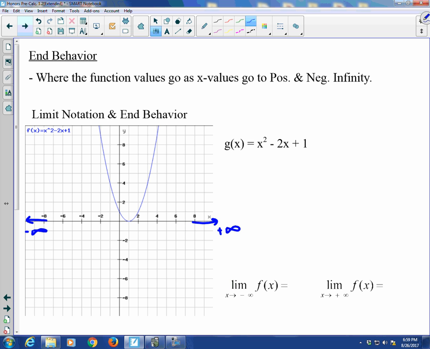As we continue to plug in x values going out to positive infinity, where are the y values in our ordered pairs, which are the function values, going? In general, we use limit notation to determine this. Limit notation tells you where the x values are going, as x goes out to negative infinity or positive infinity, and it asks what's happening to f of x, or the y values.